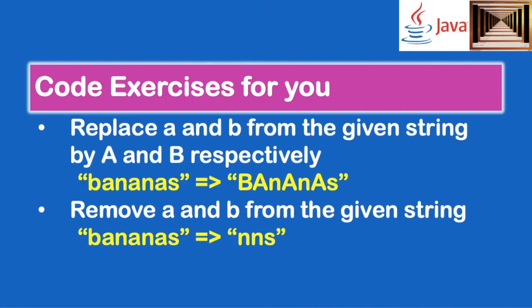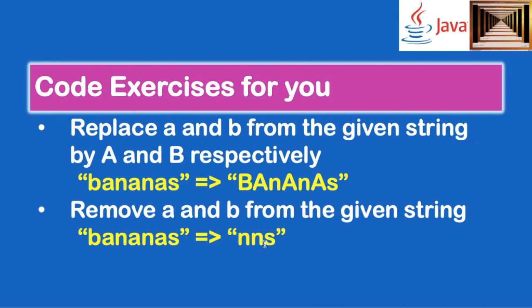So now that we have done five exercises in reversing and removing and counting, a couple of code exercises for you. Replace a and b from the given string by capital A and capital B respectively. So if your string was bananas, it should become capital B, capital A, n, capital A, n, capital A. The second code exercise I want you to do is remove a and b from the given string.